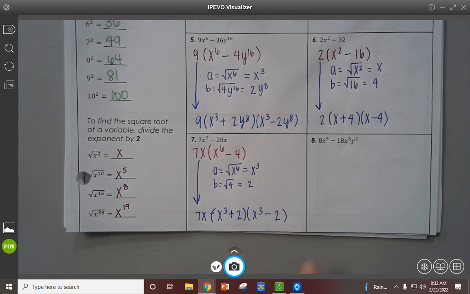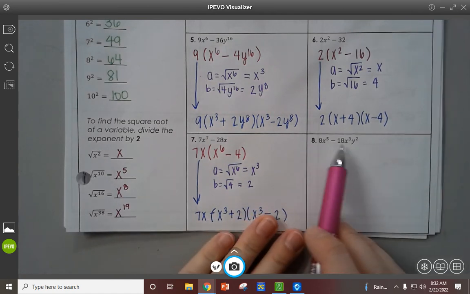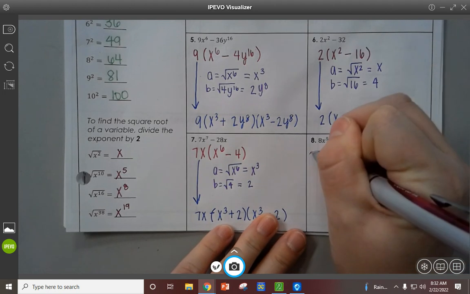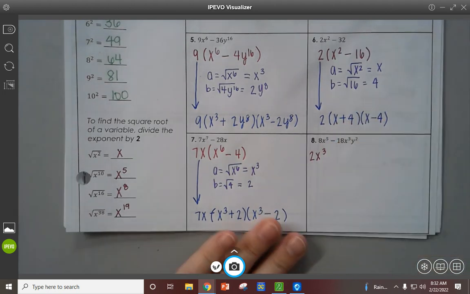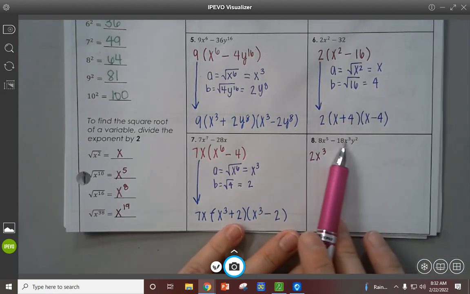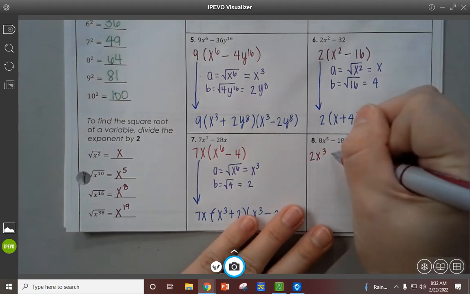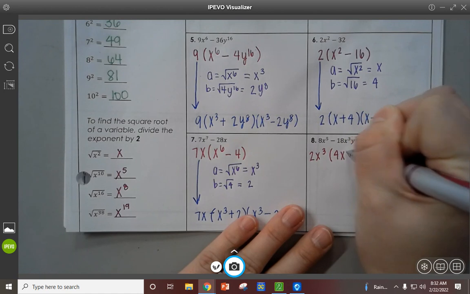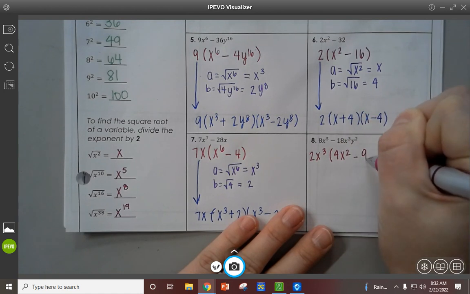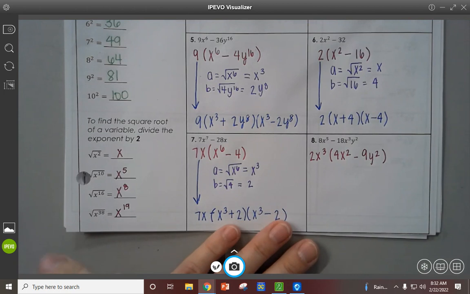All right, number 8, you should have factored out a GCF of 2x cubed. Both of those numbers are divisible by 2, and then we can take out x cubed, leaving us with 4x squared minus 9y squared.